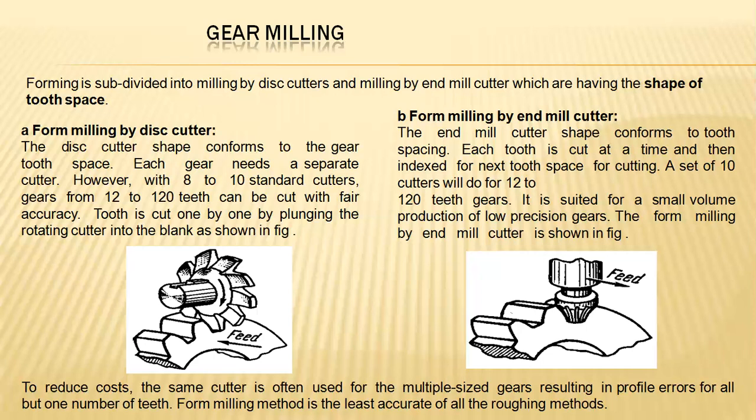But this end mill cutter is suited for small volume production, that too for getting low precision gears, not the perfect dimensions. The perfectness with great accuracy will be obtained by the machining process in the disc cutter itself, in the milling process.